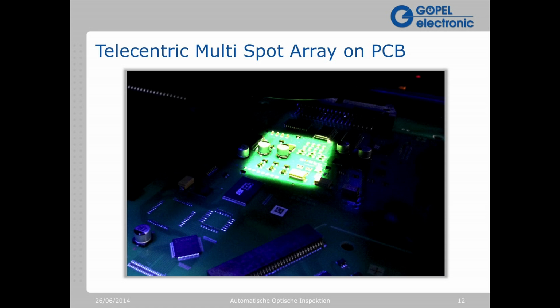This spot array is actually scanned across the board. This is done for two reasons. One is the actual inherent density of the white spots projected are not sufficient to produce the XY resolution that we need.